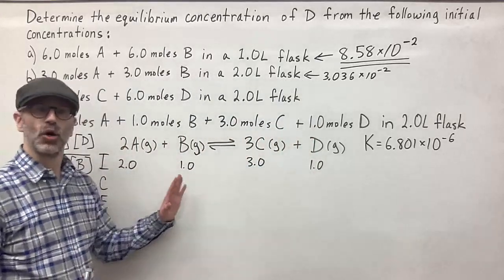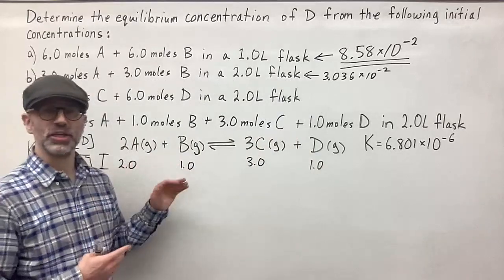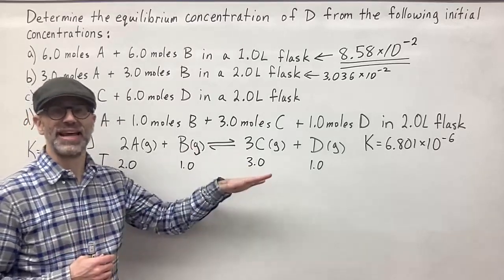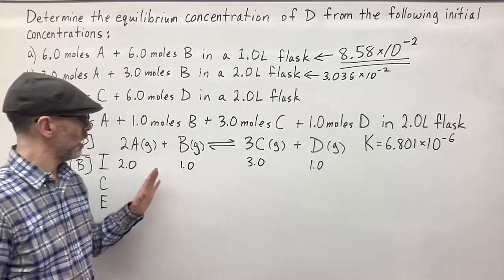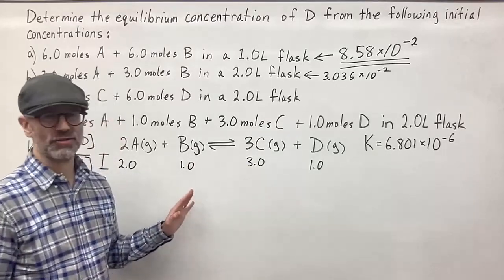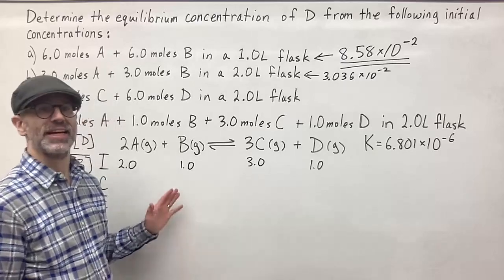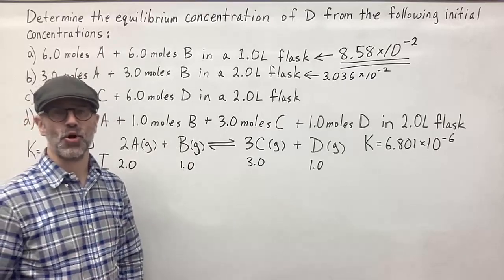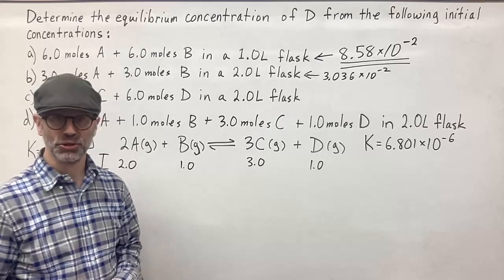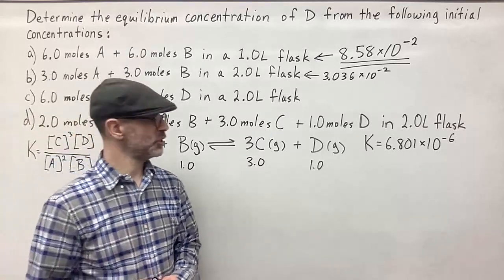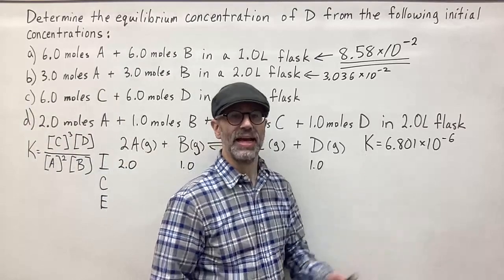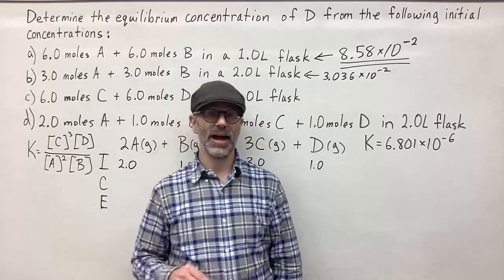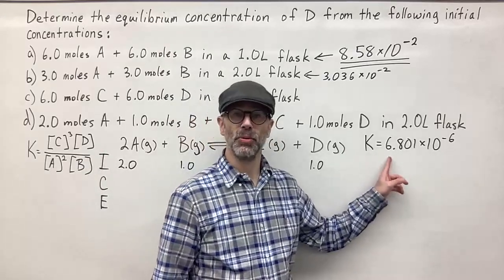There's no 0 here, right? Before, in the previous problems, because you had 0 somewhere, that would indicate that it's got to shift in that direction to fill in the 0. But here, there's no 0 amount, so you can't intuitively indicate which way it's going to shift. So in this case, you have to do your reaction quotient Q. Remember, the difference between your K and Q is that K is specifically defined in terms of equilibrium concentrations.